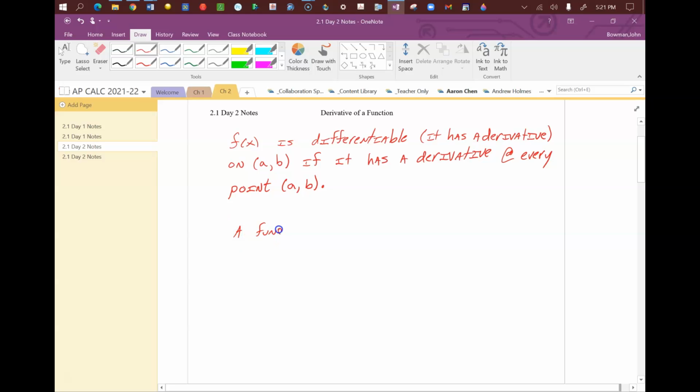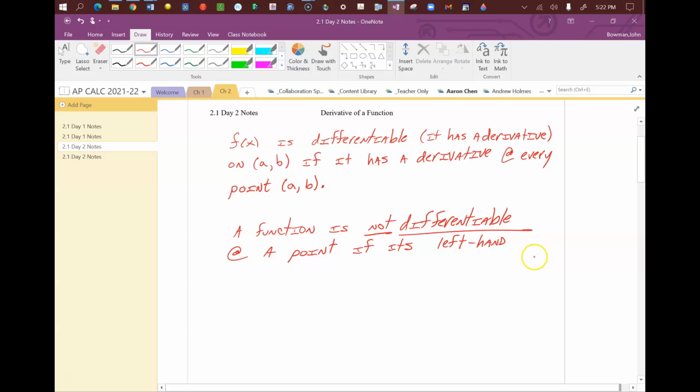A function is not differentiable at a point if its left hand and right hand derivatives are not equal at that point.